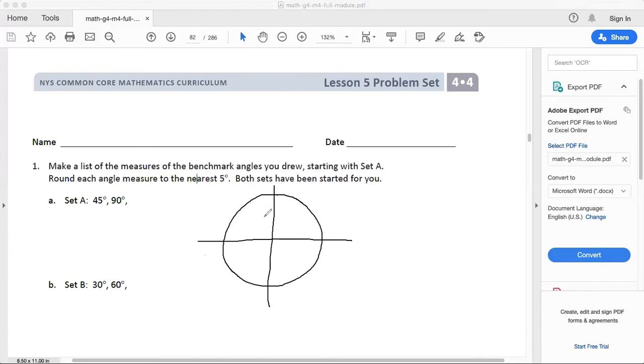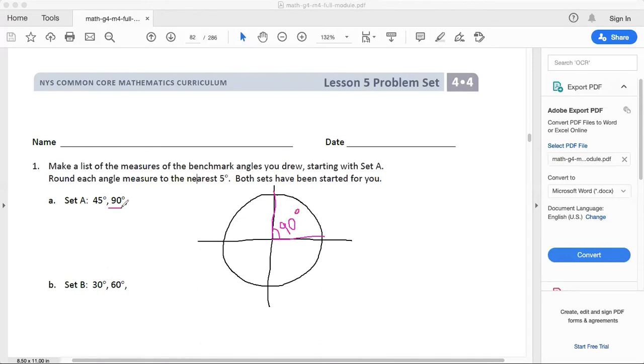This is 90, 90, 90, 90, okay? Now, one of those needs to be 90. So I'm going to grab my other color here. This line and this line are going to create 90 degrees. So you can just write this in your problem set, 90 degrees.